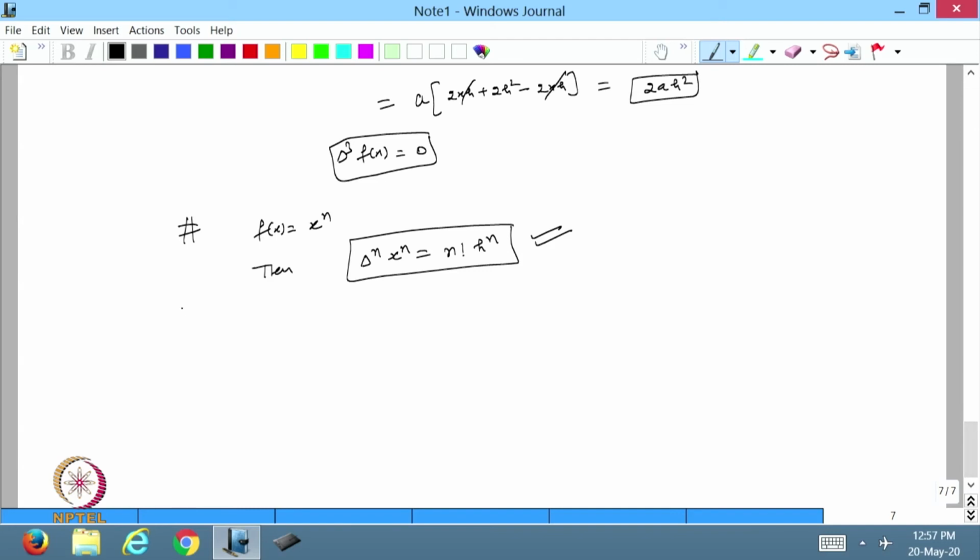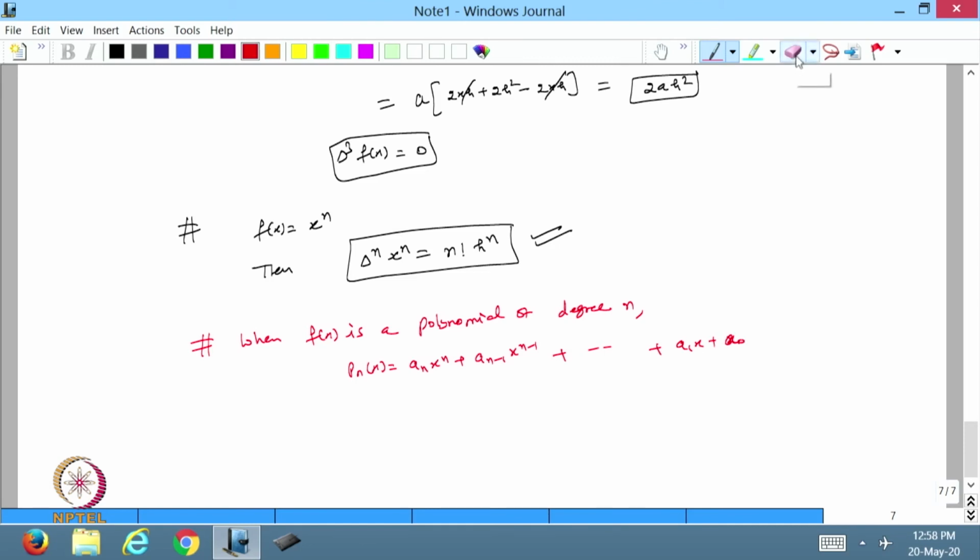So now, using this, when my function f(x) is a polynomial of degree n, that is my p_n(x) is equal to a_n x raised to power n, plus a_{n-1} x raised to power n minus 1, and so on, plus a_1 x plus a_0, such that a_n is not equal to 0.